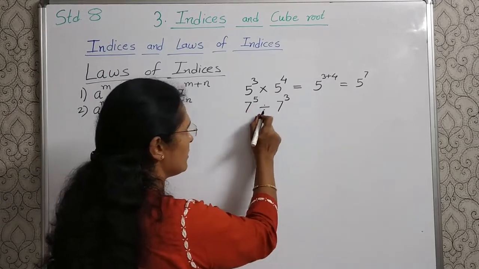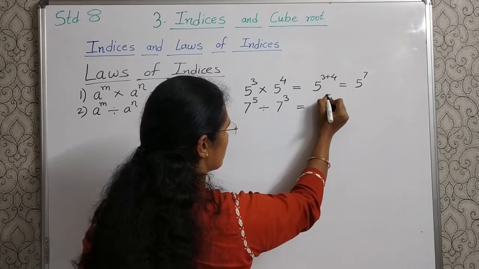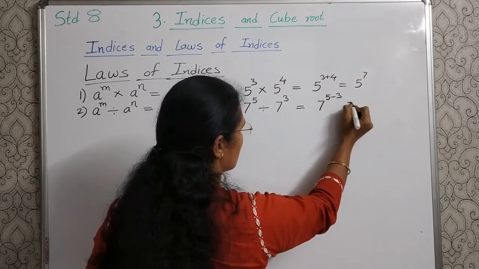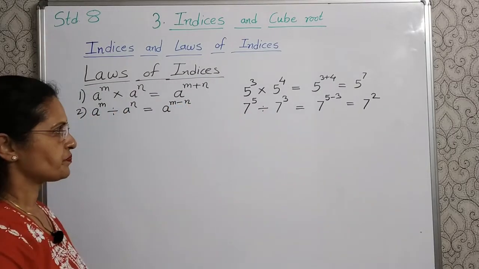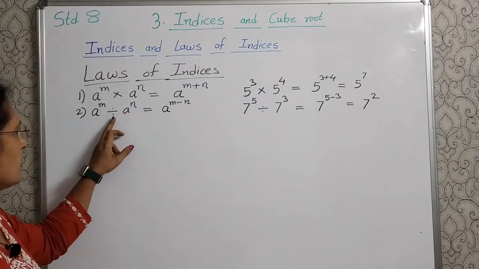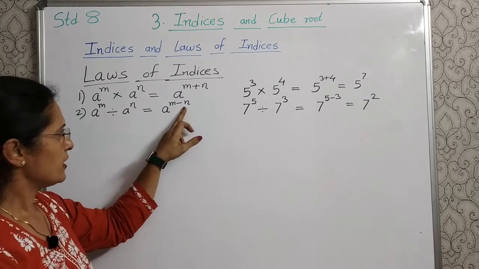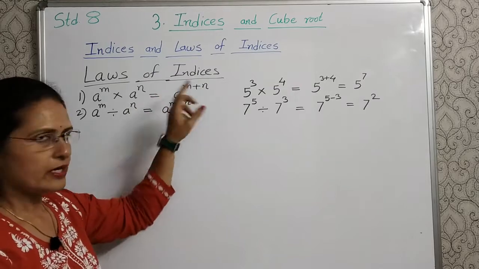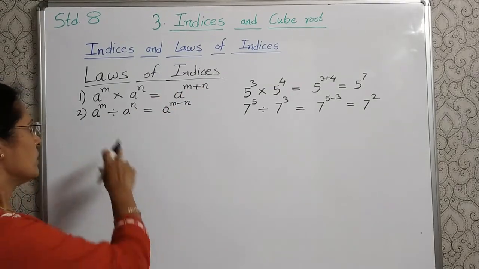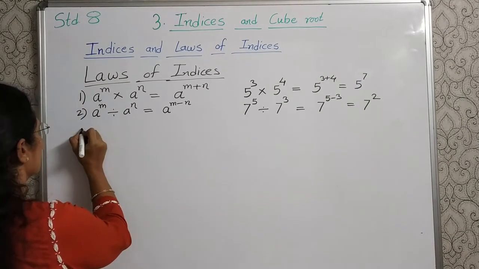So 7 raised to 5 divided by 7 cube is equal to 7 raised to 5 minus 3, and answer will be 7 square. So whenever there is a division of the indices, we subtract their index, and when it is a multiplication, then we add the index numbers, but the base should be same.